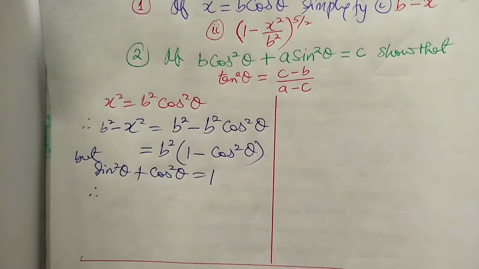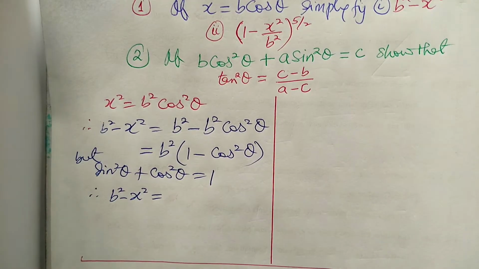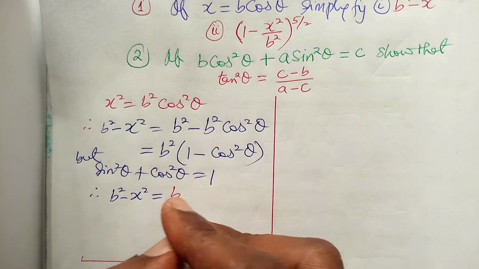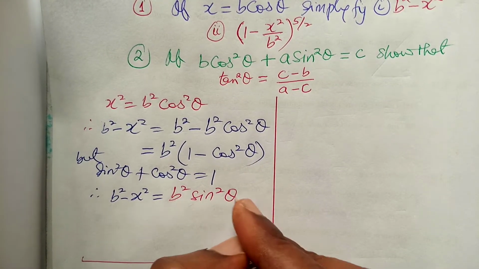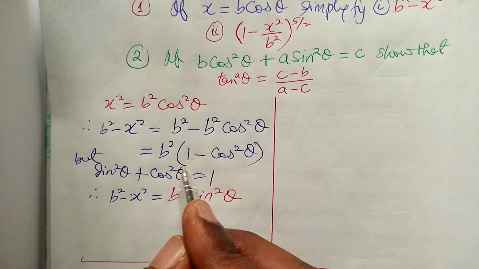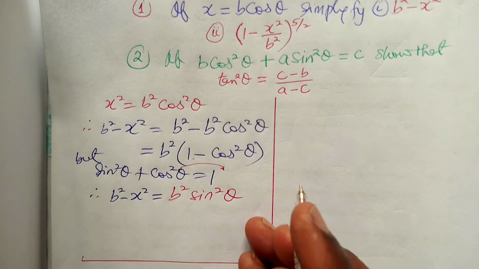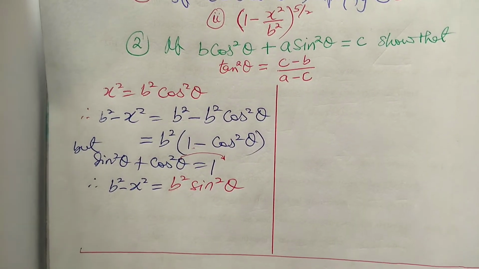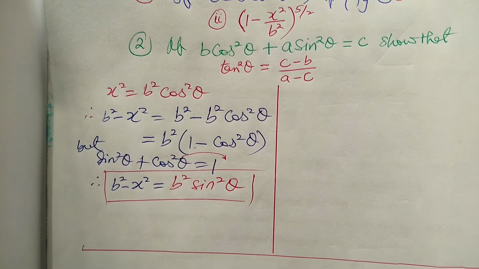Therefore b squared minus x squared is equal to b squared sin squared theta. So we have substituted, and that is the answer for the first one.